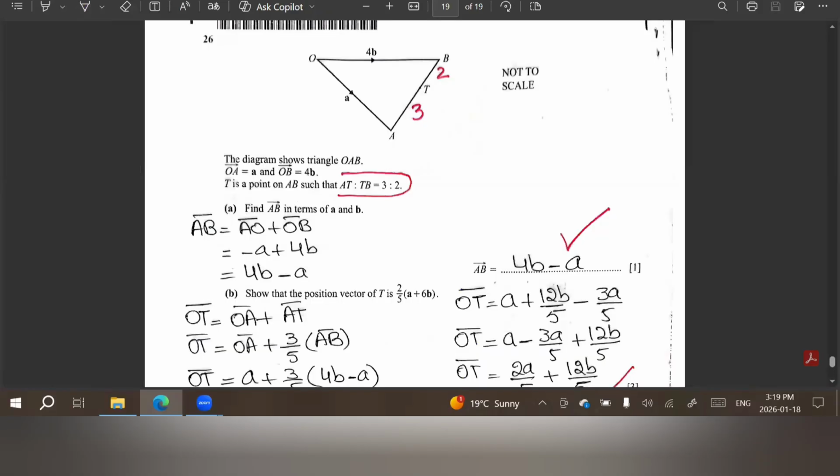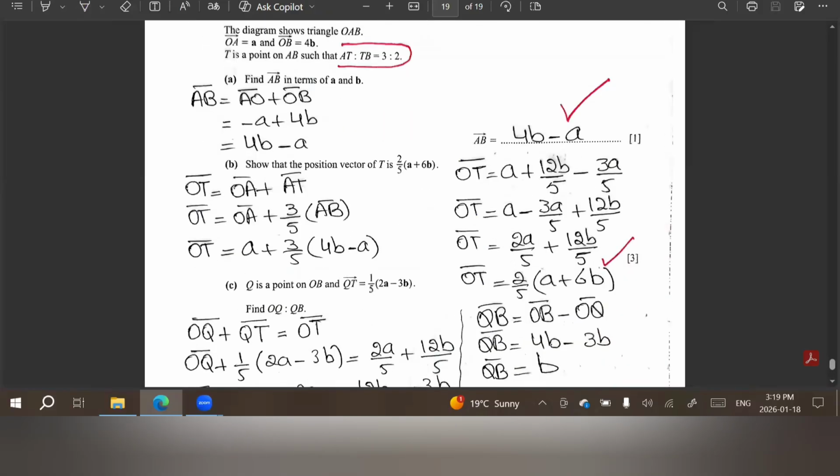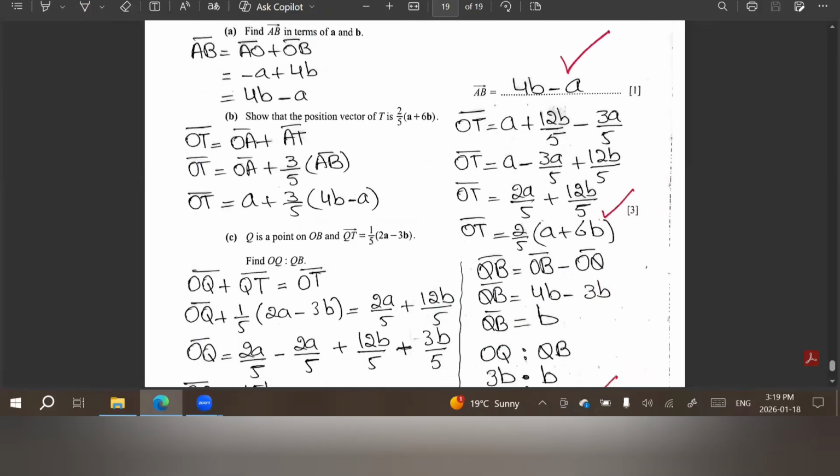Okay, let me show you. So OT will be equal to OA plus AT. OT will be equal to OA plus 3 by 5 of the AB. So OT will be equal to A plus 3 by 5 of the 4B minus A, because the AB is equal to this. So OT will be equal to A plus 12B by 5 minus 3A by 5. So OT will be equal to A minus 3A by 5 plus 12B by 5.